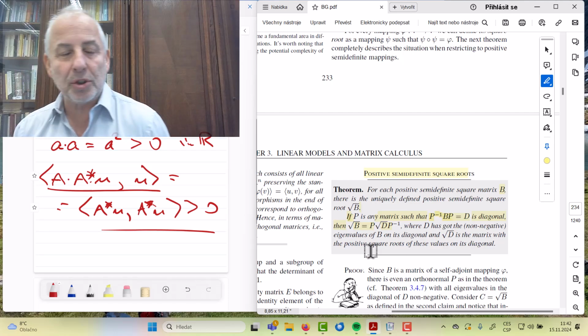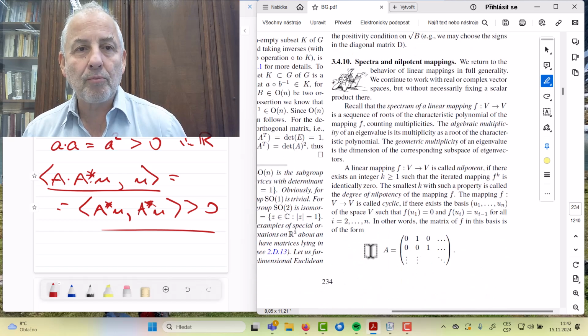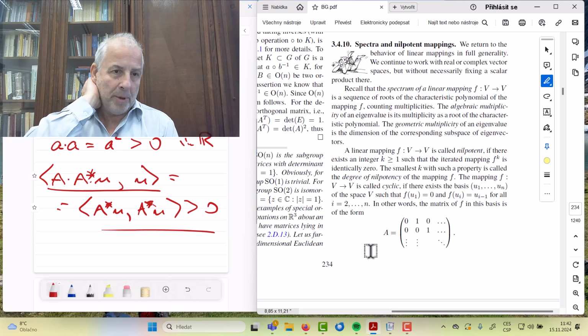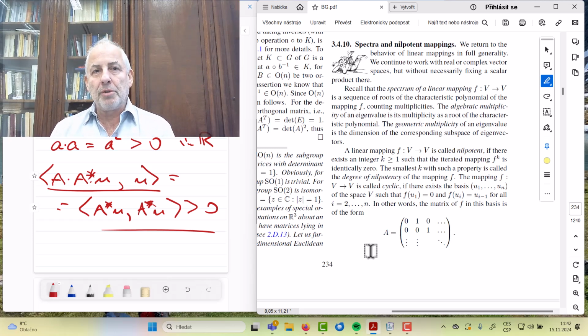So that's the positive definite square roots. And that's it. So that was a comment in the beginning, and now let's go on to the real task.